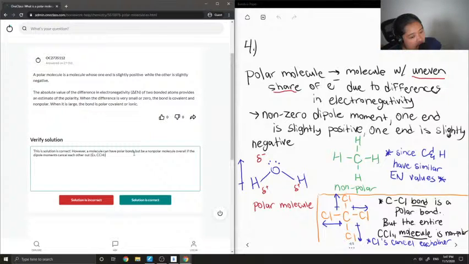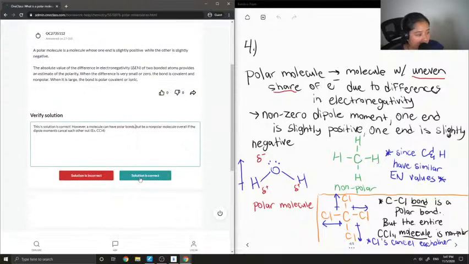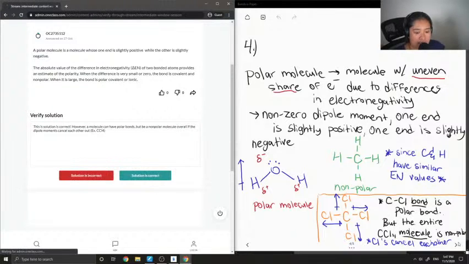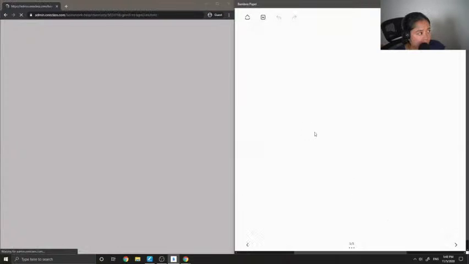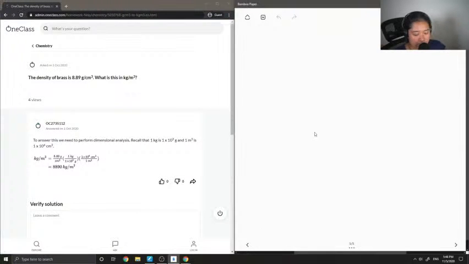Okay, so I said that this solution is correct. However, a molecule can have polar bonds but be a non-polar molecule overall if the dipole moments cancel each other out. And then I just gave my example. But this solution was still correct. And we can move on to question number 5.